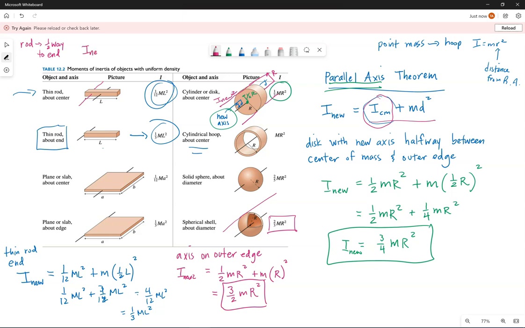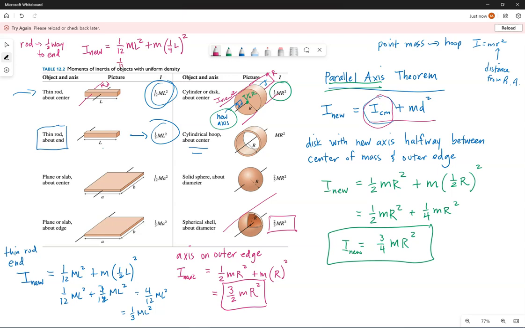I new, we still need the I for the center of mass, so the 1/12 ml squared, plus m d squared. d is this distance, we've shifted it. So that wouldn't be half of L, that's 1/2 of 1/2 of L, right? So we've only shifted it 1/4 of the way down from the center.